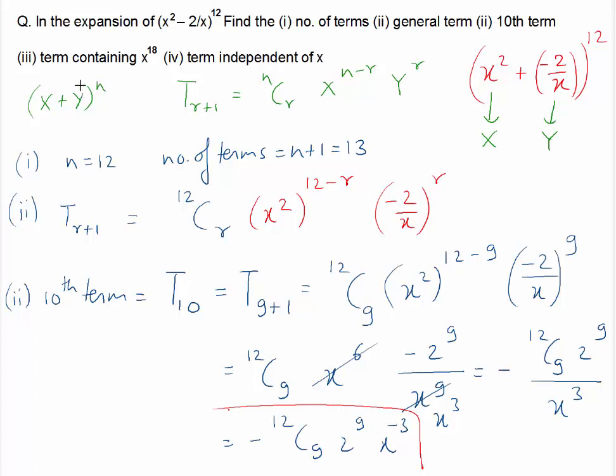Now the next question is to find the term containing x to the power 18. This is a reverse question where they are not asking you to find the term. Instead, they have given that the term contains x to the power 18.